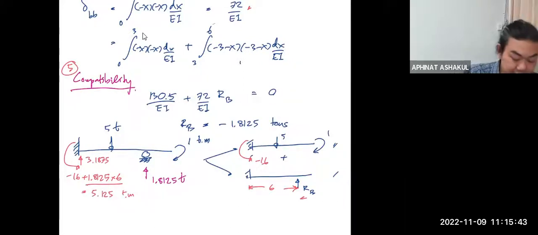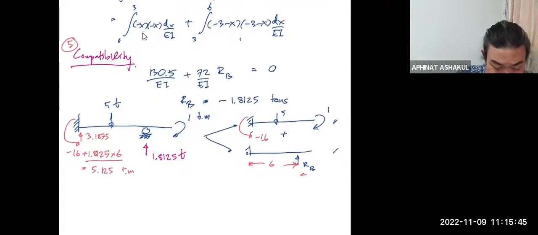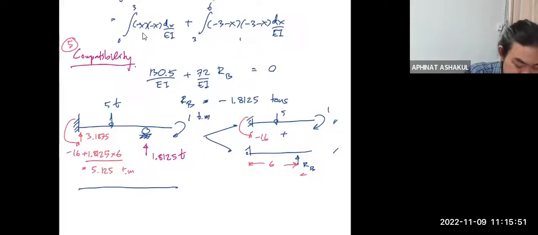So now, piece of cake, we can complete the shear force diagram in 10 seconds. That's your 3.18 coming here and meeting 5, so it drops down. That 1.81. Your shear force diagram in tons.